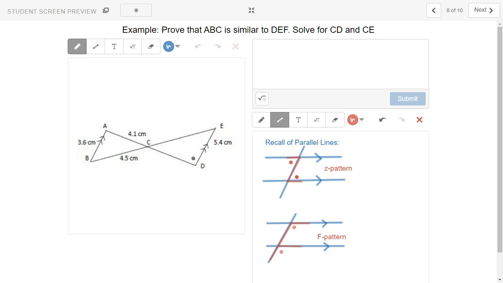Let's use the Z pattern. We know that angle A and angle D is the same. We could say again using the same Z pattern that angle B and angle E is the same. And if I know that two angles are the same, this last one also has to be the same.